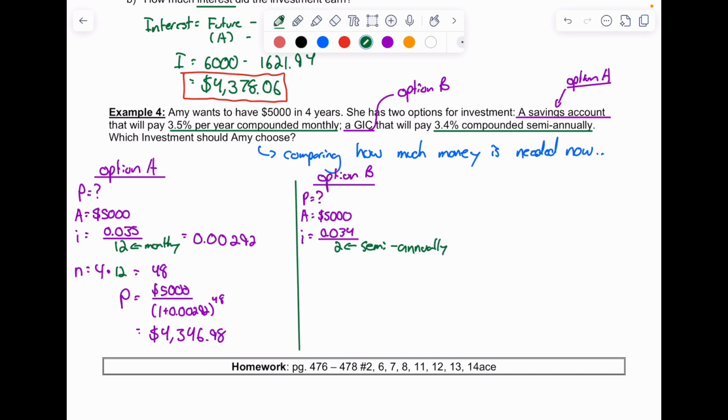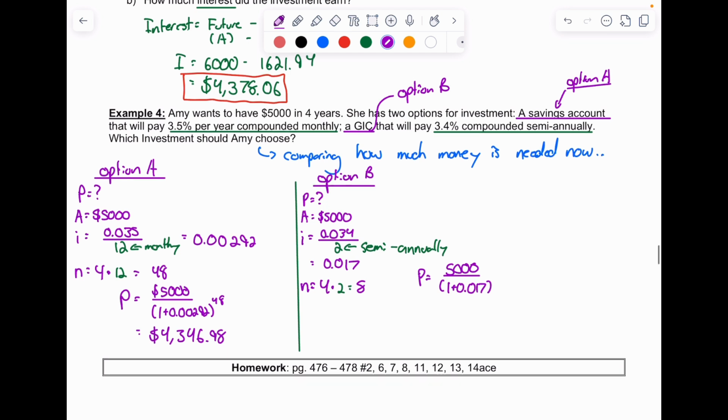So if we do that, 0.034 divided by 2, you get an interest rate of 0.017. And then your n, you have to account for the compounding. So again, it's 4 years multiplied by the 2. So you would have 8 compounding periods. So plugging it into your formula, P is equal to 5,000 divided by 1 plus 0.017, all to the power of 8.